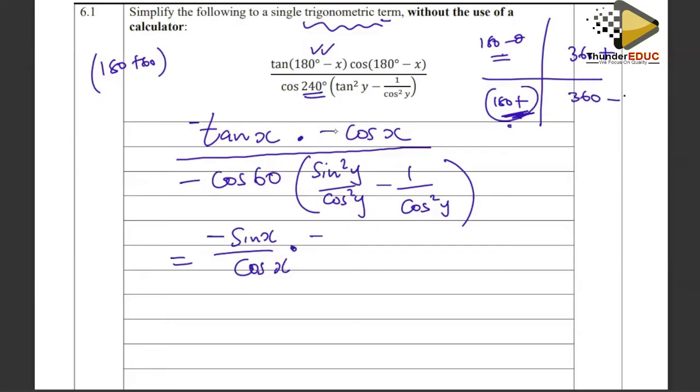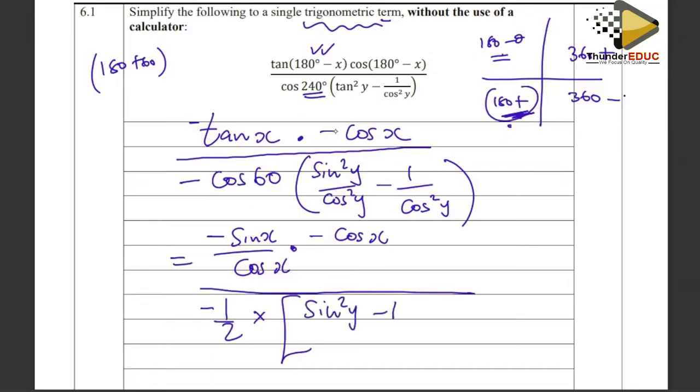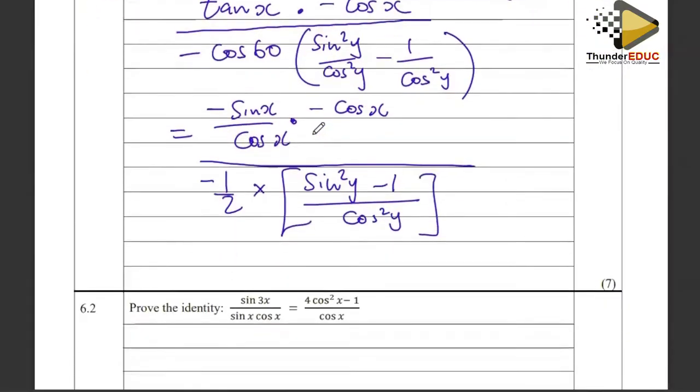Now I'm multiplying it by the negative cos x. I would have killed the negatives. Negative cos 60 is going to be negative a half times. Denominators are the same. Okay, meaning that I can do the numerator sine squared y minus 1 over the cos squared y. Okay, then it's party time.